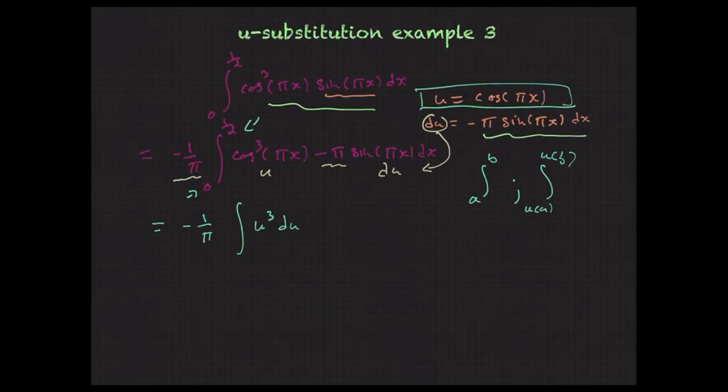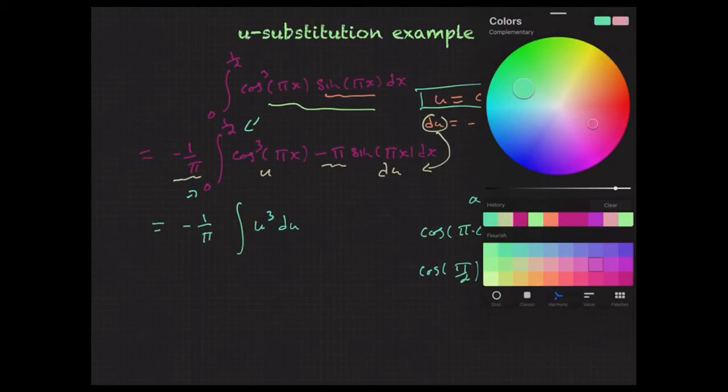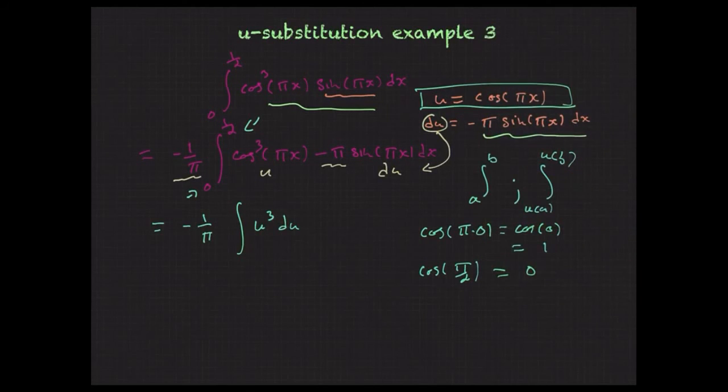So what happens when I do that? Well, I get cosine of pi times 0, that's just cosine of 0, which is, of course, 1, and when I plug in 1 over 2, I get cosine of pi over 2, which is 0. So my new bounds of integration are going to be 1 and 0.